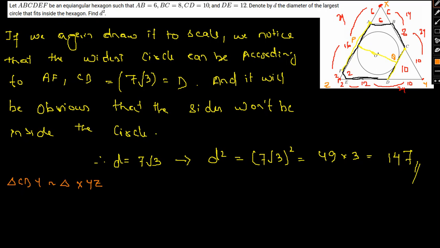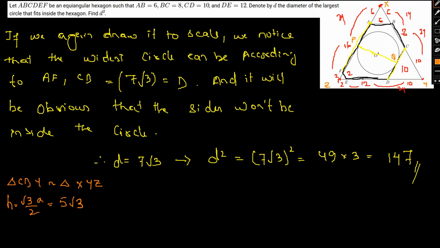Since both are equilateral triangles, they are similar triangles. Now the height of triangle CDY will be given by root 3 a by 2, here a being 10, so the height will come out to be 5 root 3.